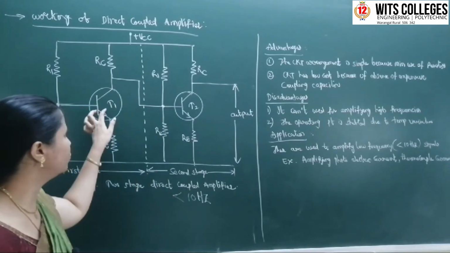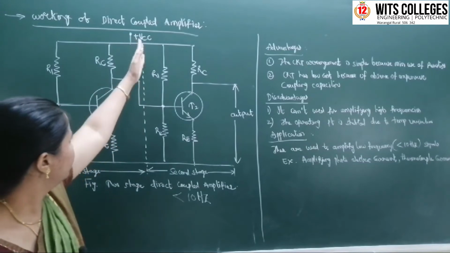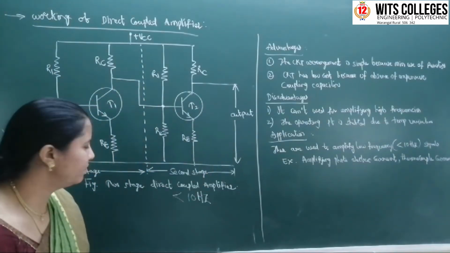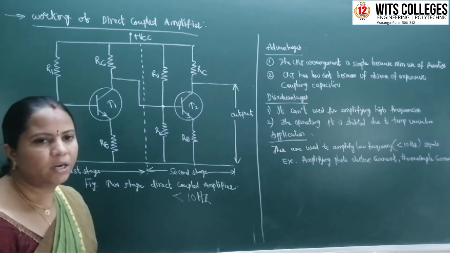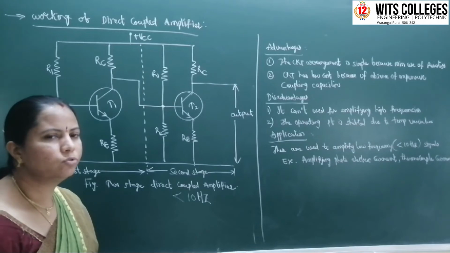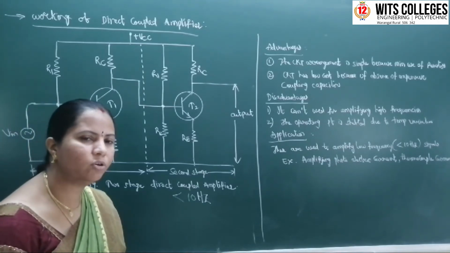Here we are using two transistors. Up to here it is the first stage, and from here to here it is the second stage. That's why we named it a two-stage direct coupled amplifier, used to amplify signals below 10 Hz.